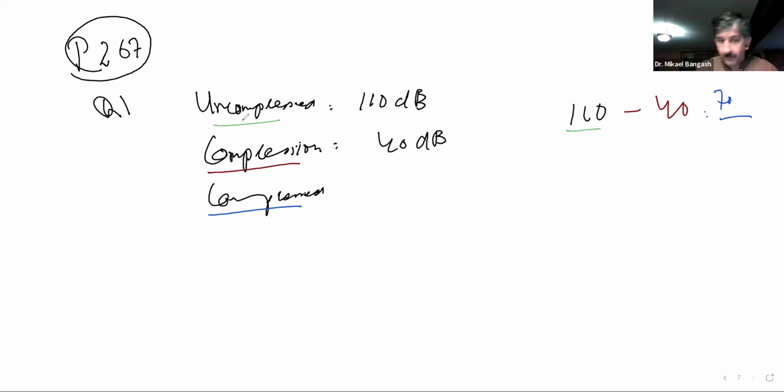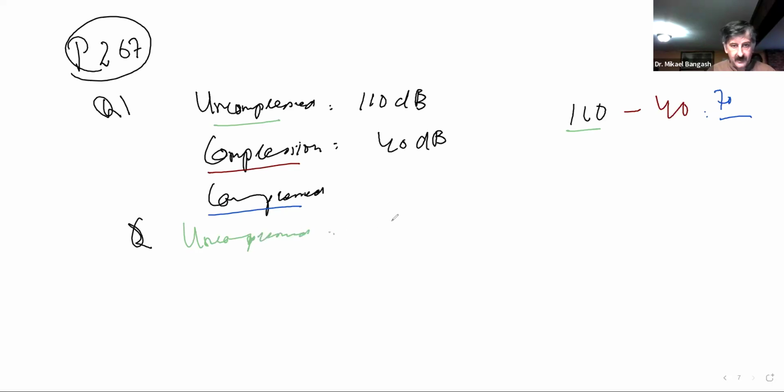Now just look at the other one. Again, here they say an uncompressed signal has a dynamic range of 85 decibels. So again, that's uncompressed. What does it mean by being uncompressed?